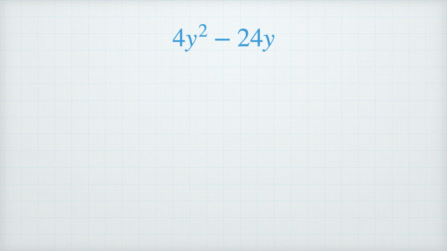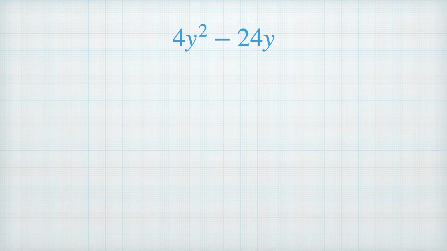All right, this is problem number 6. Now, let's look at this. I have 4y squared minus 24y. I can factor out a 4, but I can also factor out the variable y because I see it in both of my terms. Remember, it's what can I factor out?